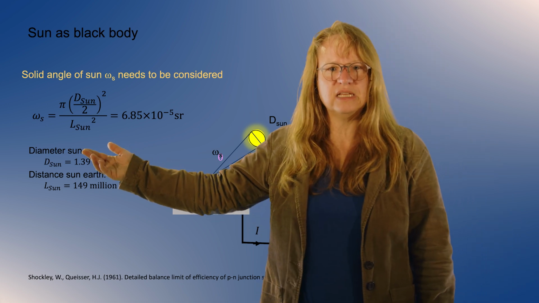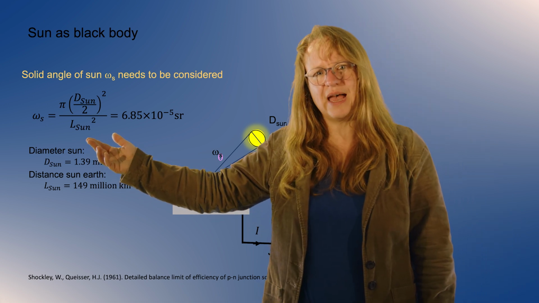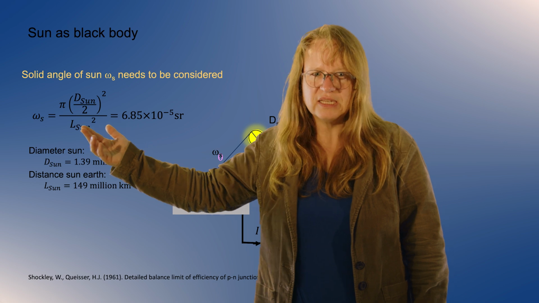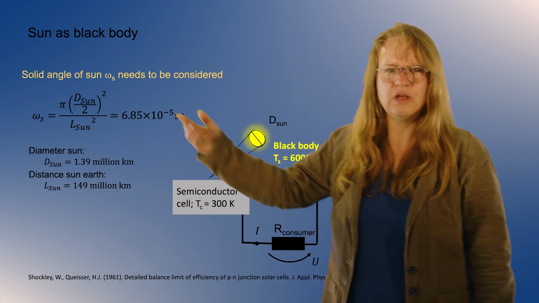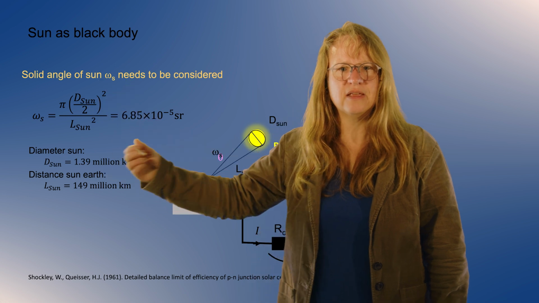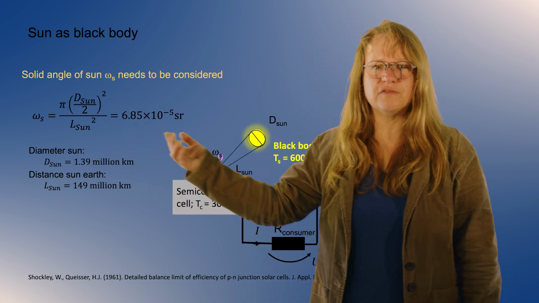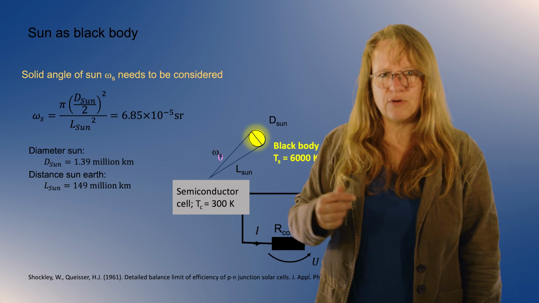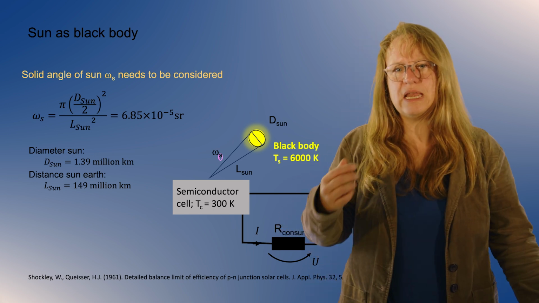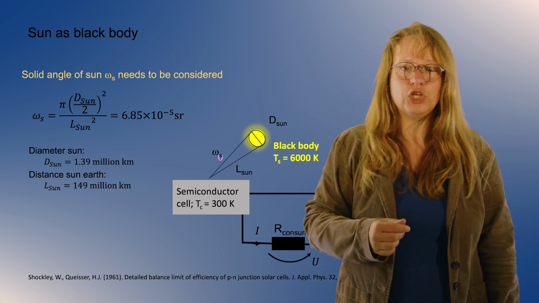Then this needs to be divided by the distance from the Sun to the Earth squared. This combination then gives a solid angle of 6.85 times 10 to the minus 5 steradian. Steradian is the solid angle unit.